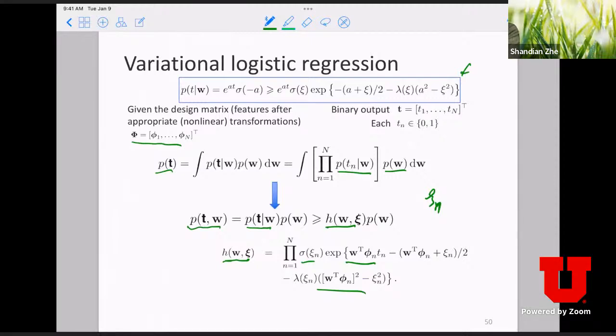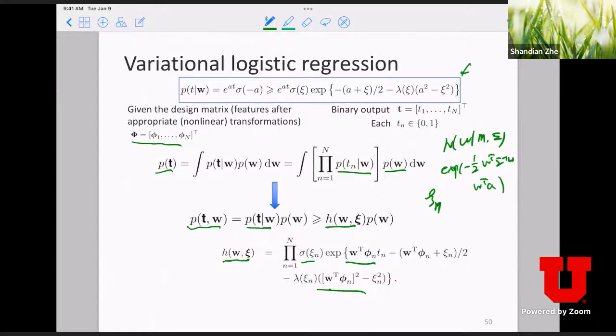Does it make sense? If w is Gaussian with some mean m and sigma, then taking the exponential, it's something like w transpose sigma inverse w, a quadratic term, and some linear term, w transpose a, something like that.